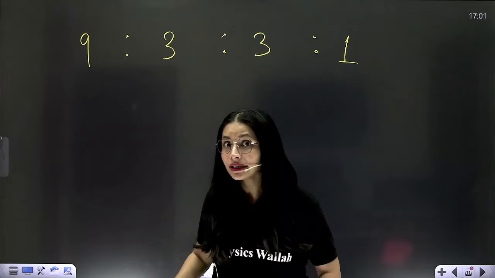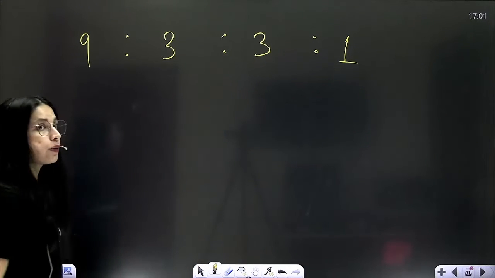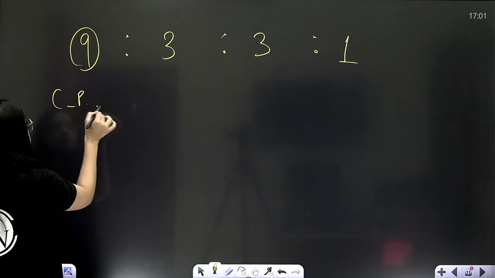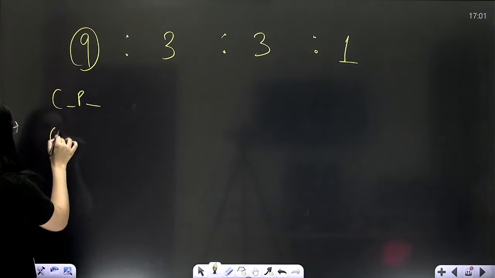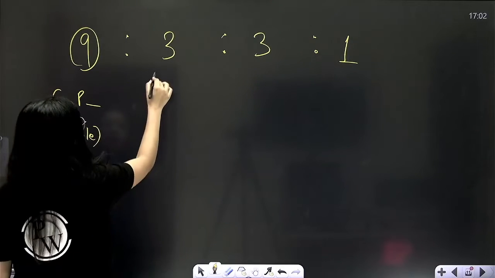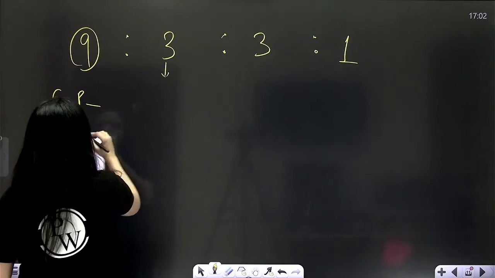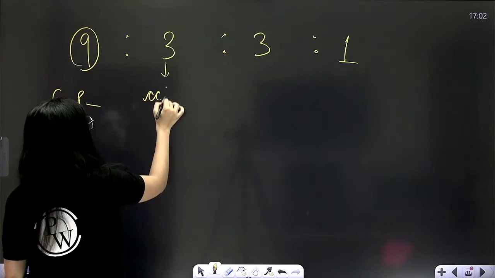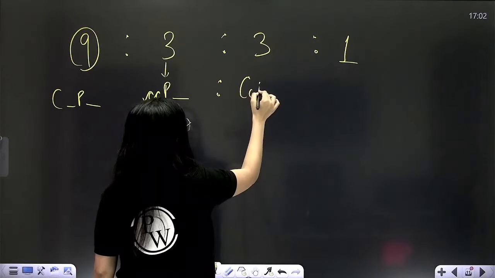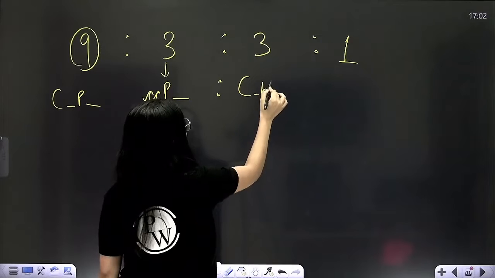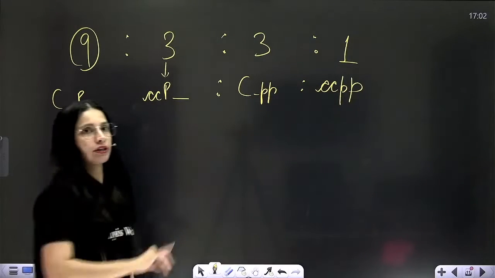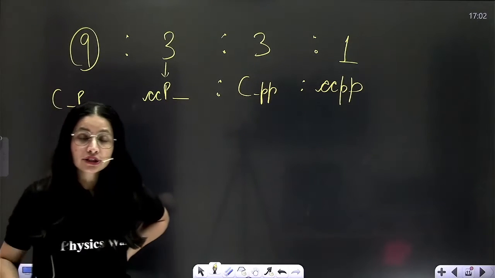That means what he was expecting out of 16 zygotic combinations, 9 will be like this, having purple color flower, then the remaining 3 will be, and then here it will be this, right? He was expecting the ratio in this manner, but the ratio changed.